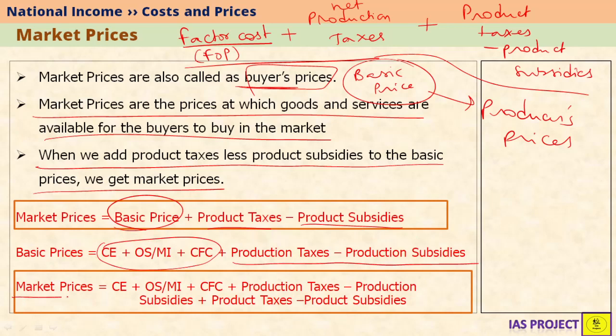So the big formula for market prices will be compensation to employees plus operating surplus or mixed income plus consumption of fixed capital. These three form part of factor cost. And to the factor cost, we add production taxes and production subsidies. Till here, it becomes basic price. And if we add product taxes and remove product subsidies, we get market prices.